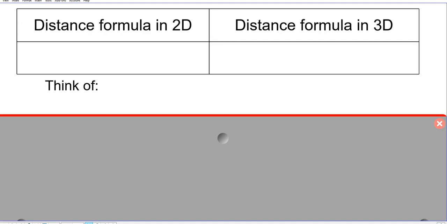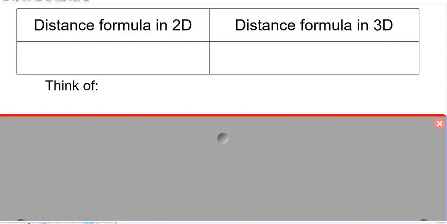And go ahead and copy what I have. So distance formula in 2D and distance formula in 3D. If you are watching, go ahead and pause the screen and then hit play when you're ready to fill it in with me.